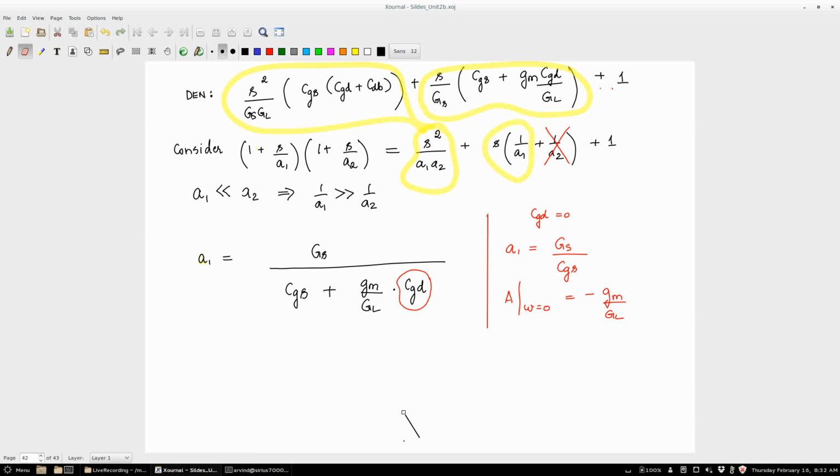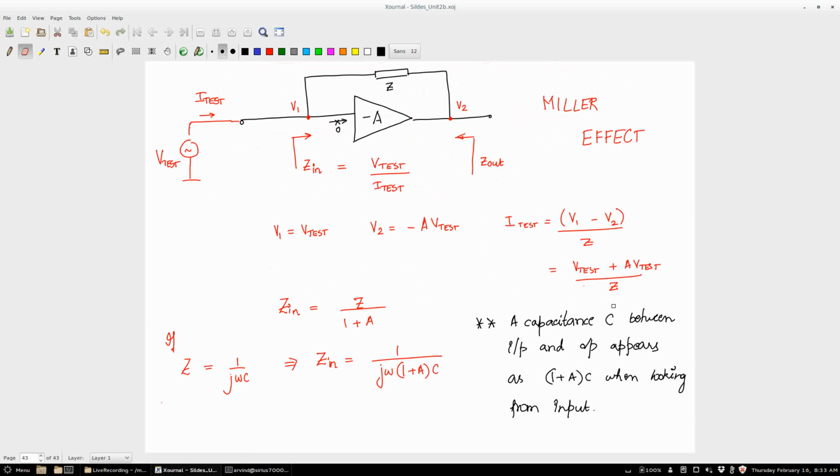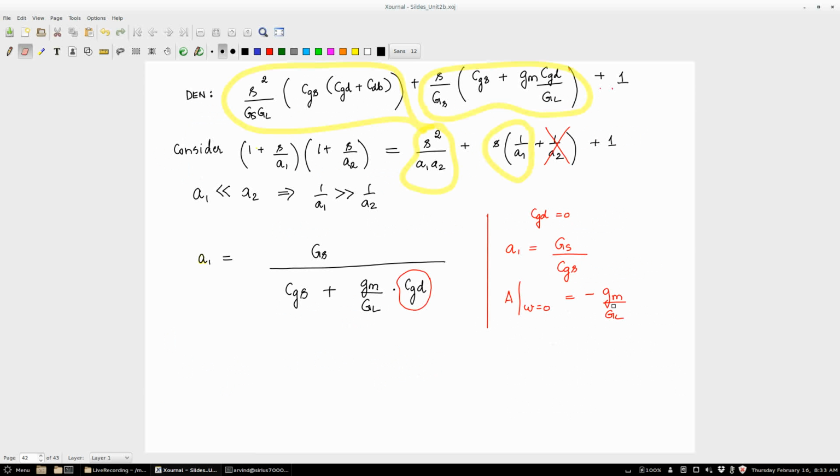You can explain, you get this expression for the pole, right? In the case of CGD equal to 0, you just get GS by CGS. Now you are getting GS by CGS by GL CGD. So CGD connection is the capacitance that is going from input to output, right?